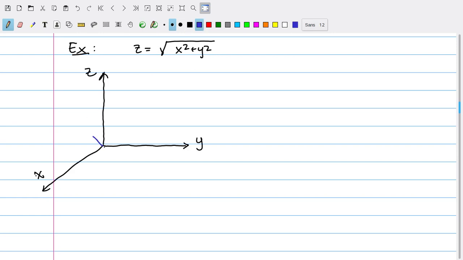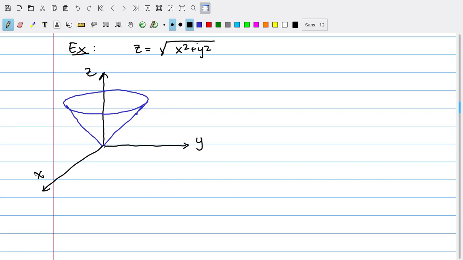For example here, I can think about the cone described by z equals the square root of x squared plus y squared. Graphically, this is just the upper part of a cone, not the lower half at all, because I've already taken the square root and taken the plus part. But this is the surface that I'm describing.